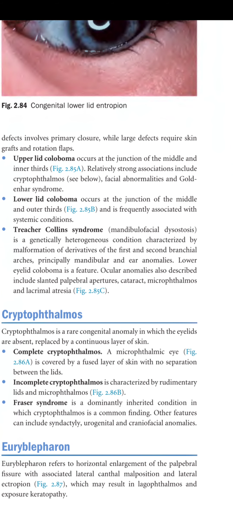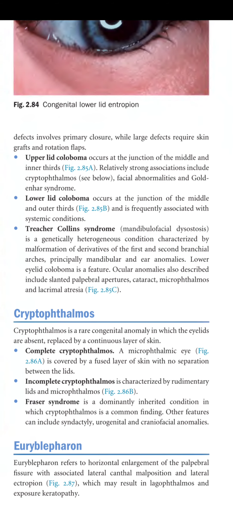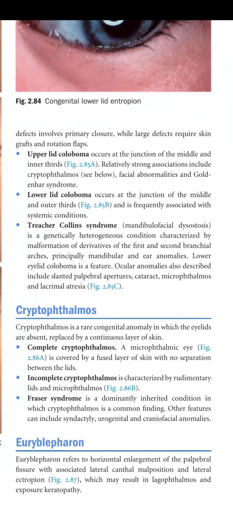Treacher Collins syndrome, mandibulofacial dysostosis, is a genetically heterogeneous condition characterized by malformation of the derivatives of the first and the second branchial arches, principally mandibular and ear anomalies. Lower eyelid coloboma is a feature. Ocular anomalies also described include slanted palpebral aperture, cataract, microphthalmos, and lacrimal atresia.